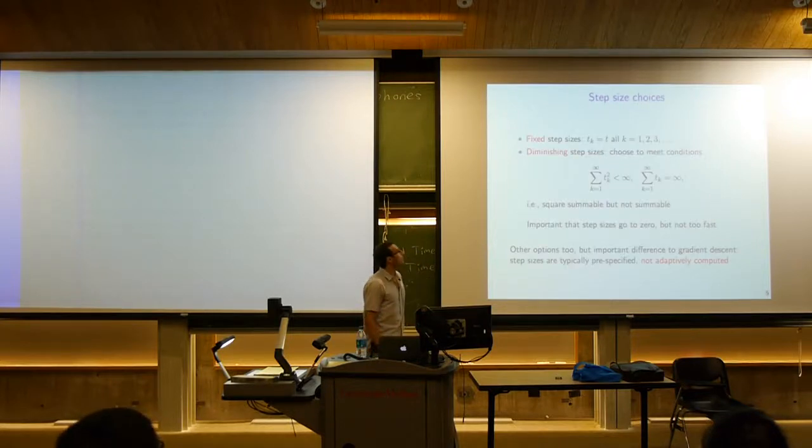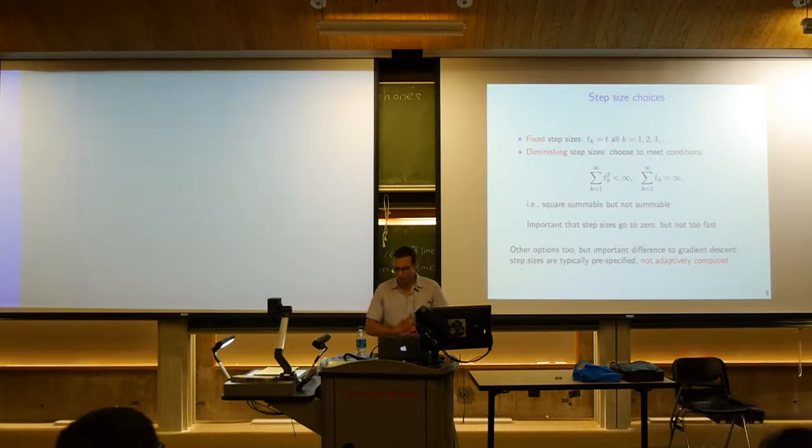So let's look at these options for step sizes. The first one is a fixed step size choice, like we do in gradient descent. Just fix it to be something smallish and the same over all iterations. We'll see that the guarantees we get with that are pretty different from what we get with gradient descent. The other option, which is much more common in the subgradient method, is to choose step sizes that diminish over iterations.